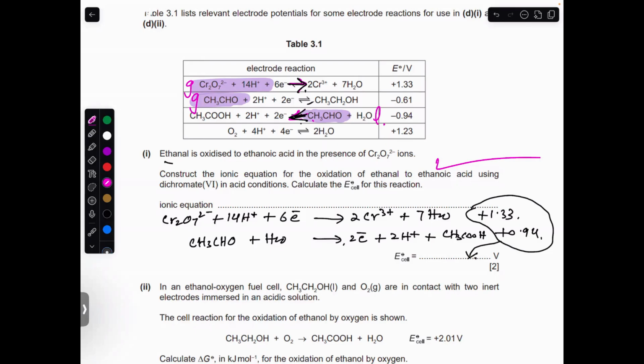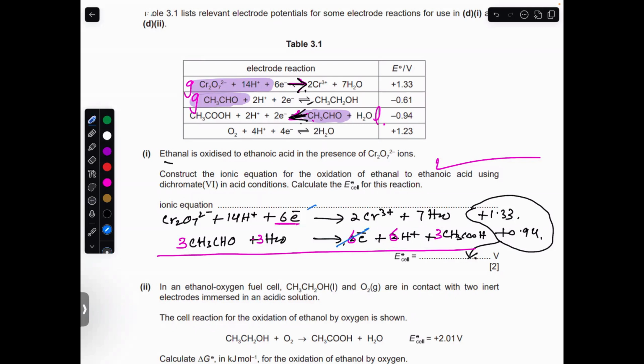What you are supposed to do? Multiply this with 3 to become 6, so the electrons can be cancelled. 3 2s are 6. You multiply so that the electrons are equal and can be cancelled. But if other than electrons, something is the same on the opposite side, it is also cancelled. What is the overall equation?